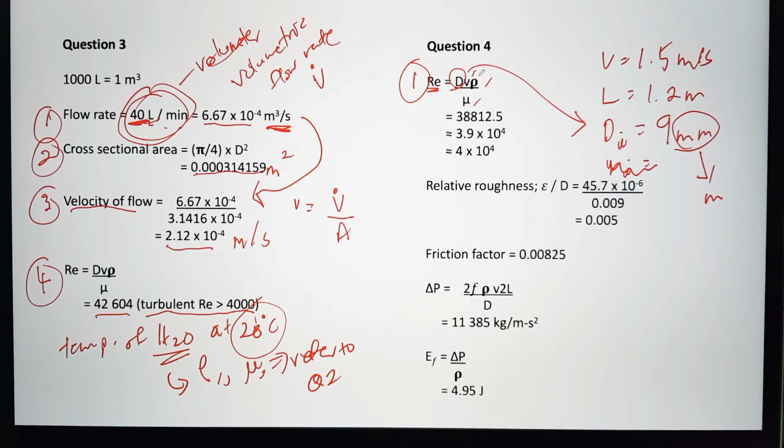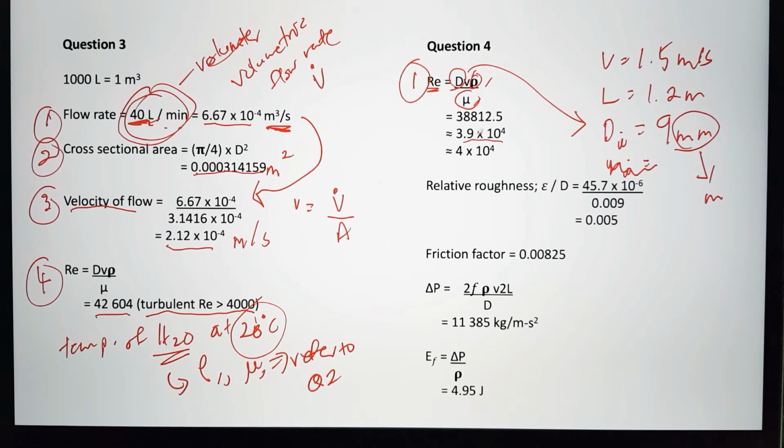However, you need to make sure that you insert the right value for each parameter. Rho is density, mu is viscosity. The value for Reynolds, you should be able to get around 38,812.5.